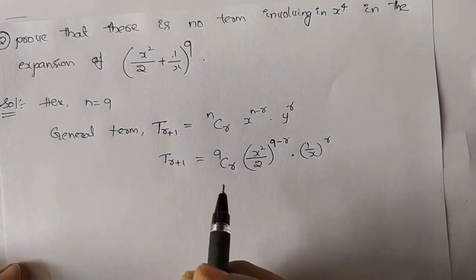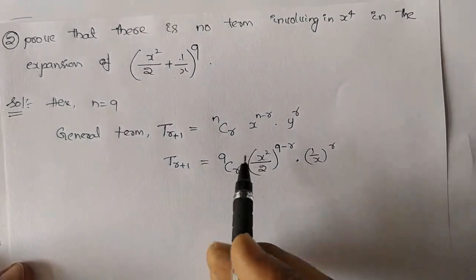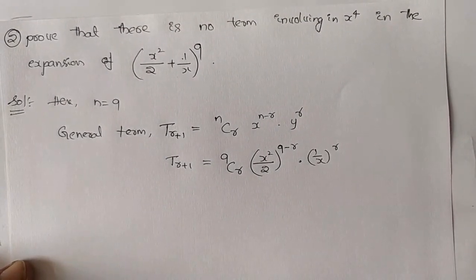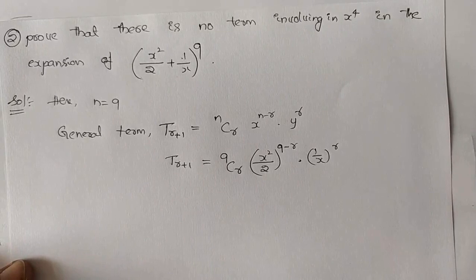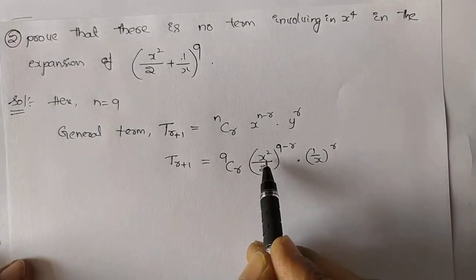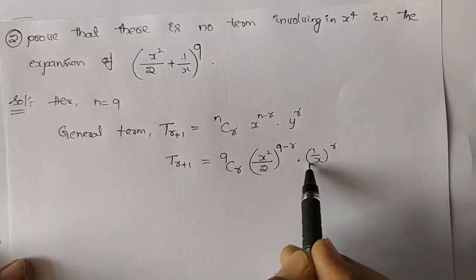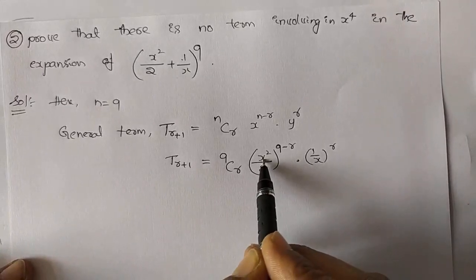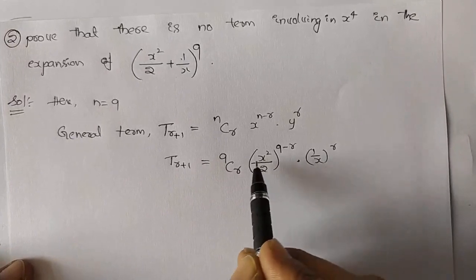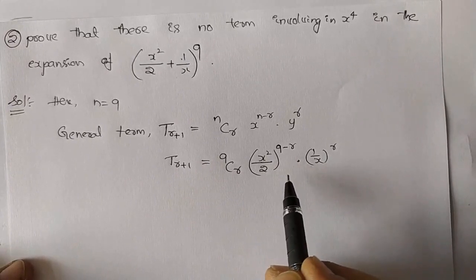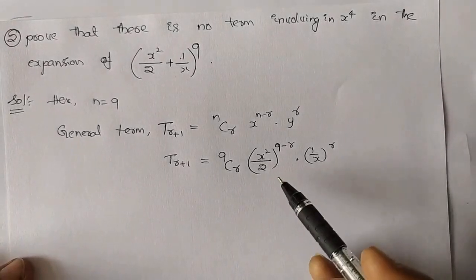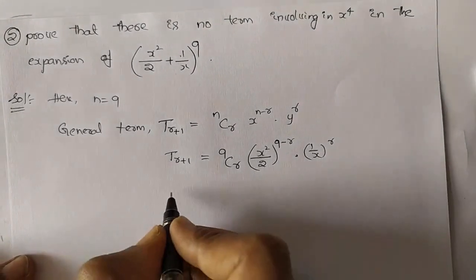Now, I already told you in the previous classes and in the previous problem that in the starting we have two number of x. Numerator has 1 x, and in the denominator we have one more x. So we have to simplify until 1 x comes.